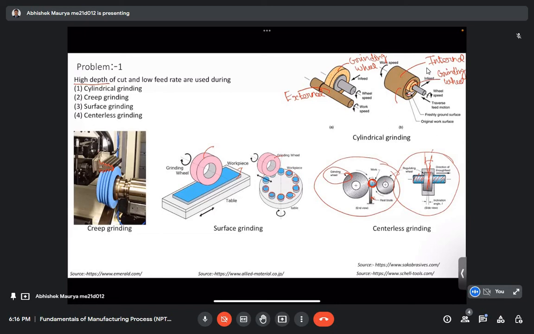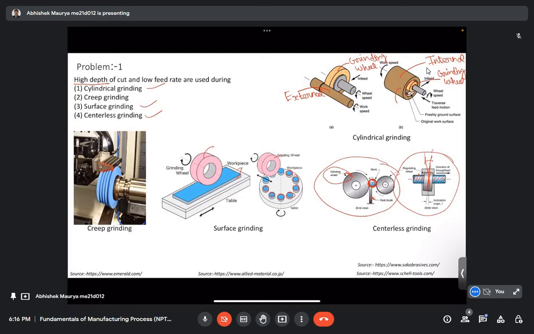One thing we can see in cylindrical grinding, surface grinding and centerless grinding: our aim is to improve the surface finish of the workpiece. Whereas in creep grinding, we are trying to make a complete profile with the help of grinding.